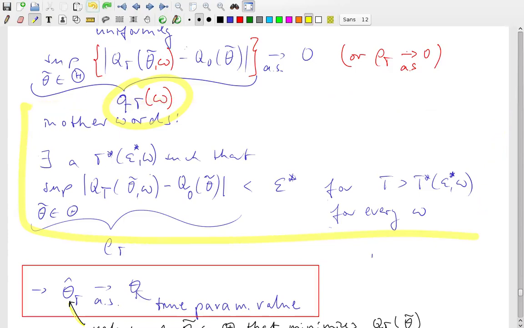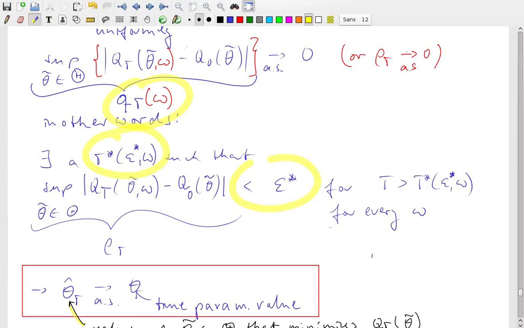I'd like you to remember this definition and keep it in your mind. So we fix some epsilon star value, which is an arbitrarily small value bigger than 0, and we can find a cutoff point t star such that this supremum, the difference between the qt and the q0 function over the parameter space, is less than this epsilon star.